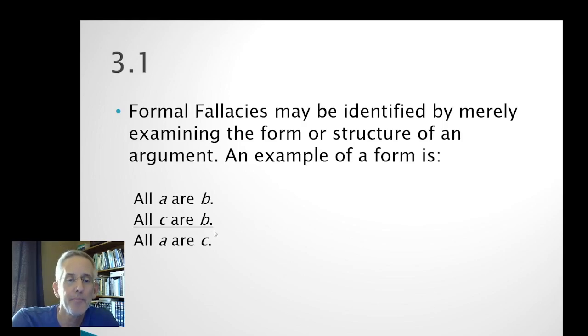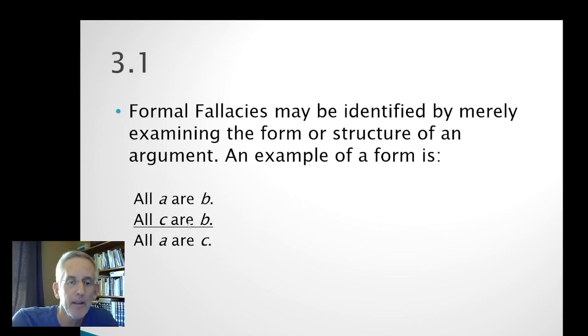But I know those rules, and I can look at the way the terms are arranged in this argument, the terms being A, B, and C, and I can know that the structure or the pattern of the argument is an invalid argument form. So I don't have to even know what A, B, and C actually represent. I could plug all kinds of things in there, like all dogs are mammals, all chickens are mammals, and so on.